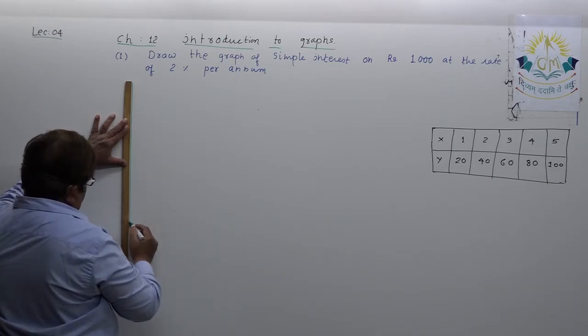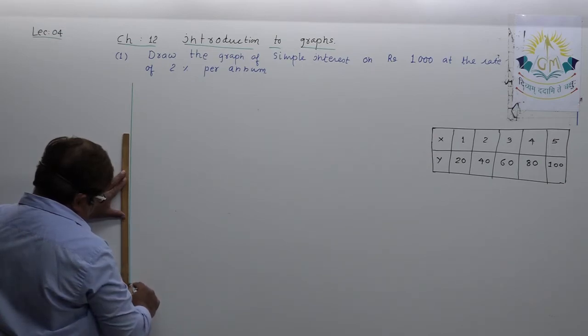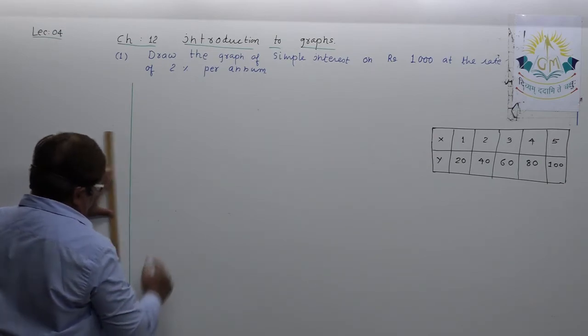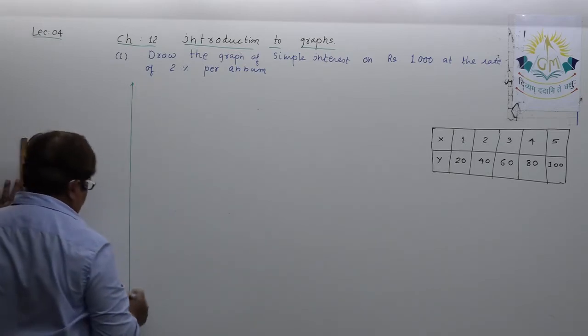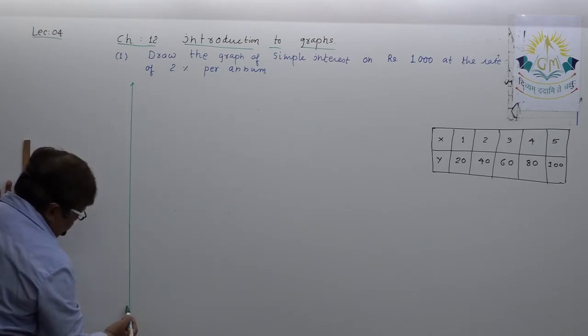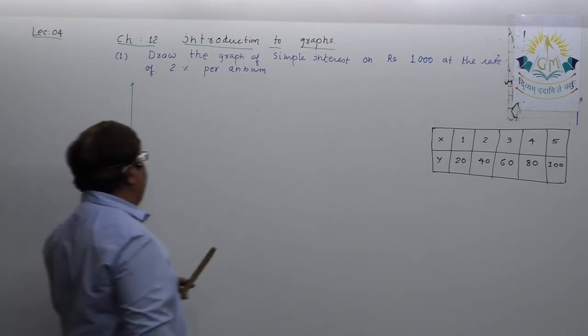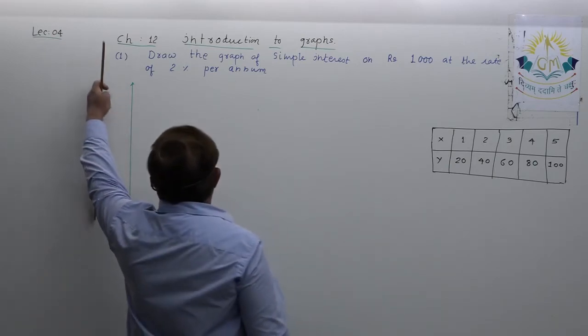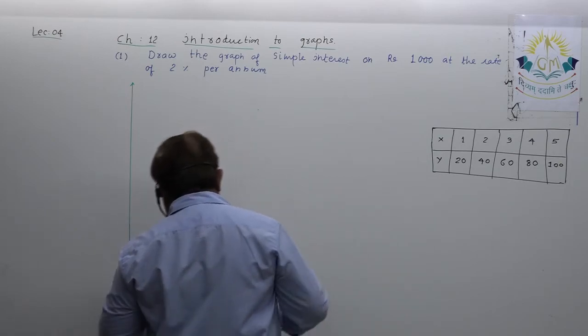This is the Y axis for us. Please draw with me. If you consider graph paper, leave one box and then you start.